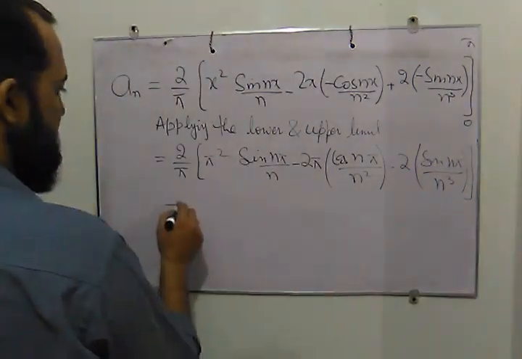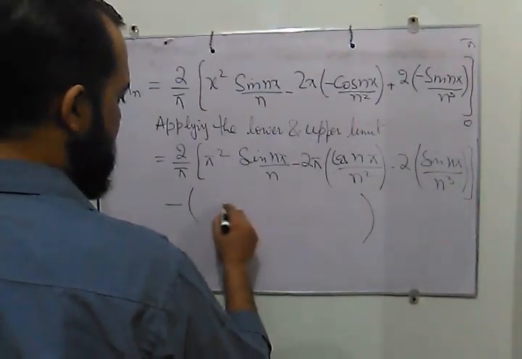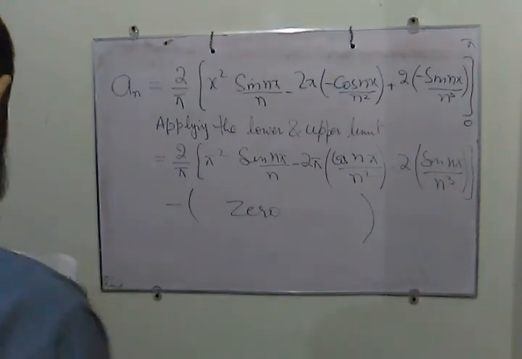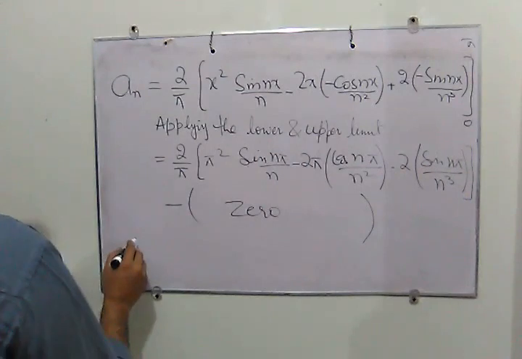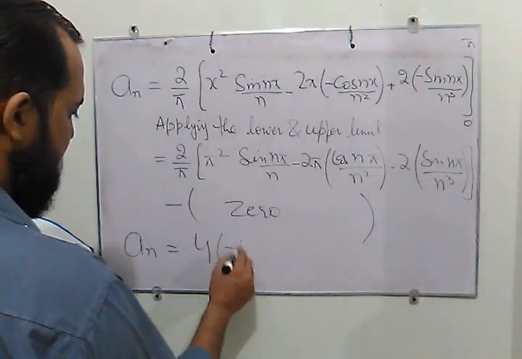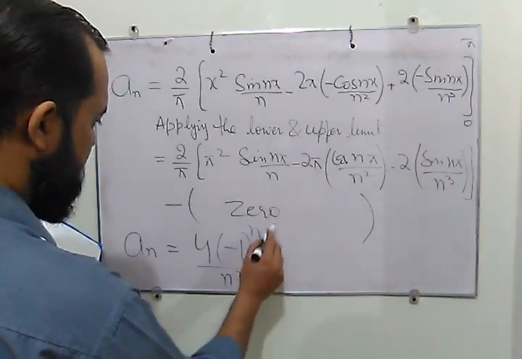Then when we put the lower limit and subtract, all the terms will be 0 after applying the upper and lower limit. So when we solve that one, finally an would be 4 minus 1 raised to the power n upon n square.